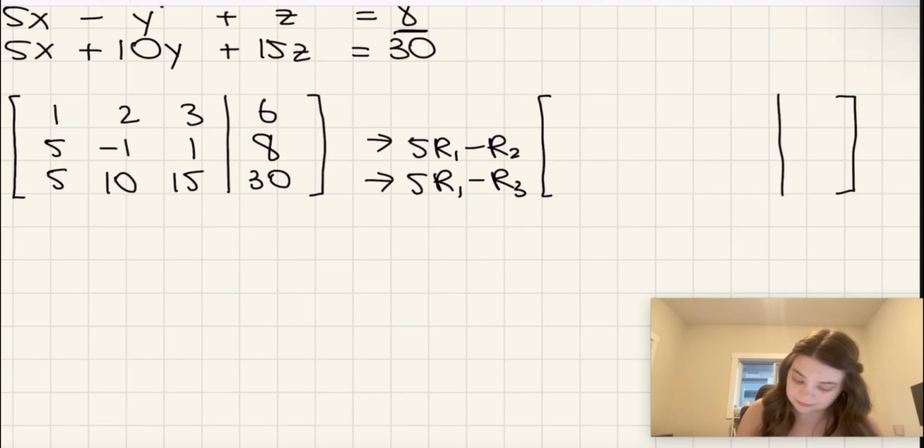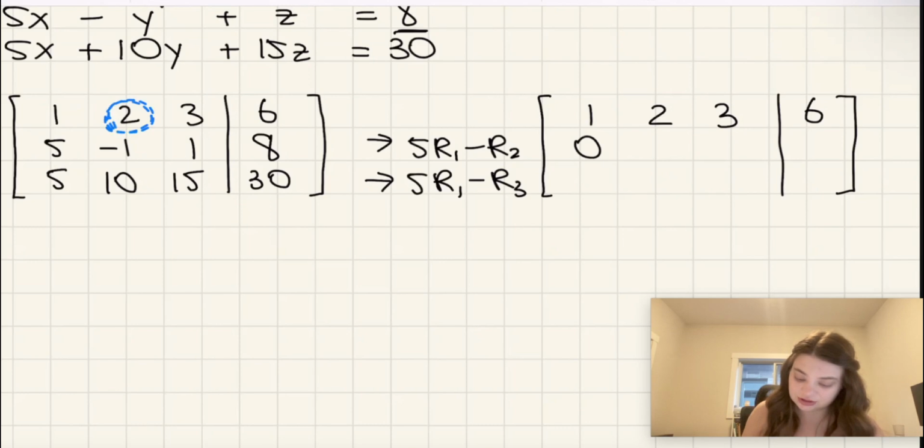All right. So for this one, 5 row 1, so 5 times 1 is 5, minus 5 is 0. So 0 goes here. And actually, I should just write 1, 2, 3, 6 here because it's going to be the same thing. Okay. Then for the second one, we're going to do 5 of row 1.